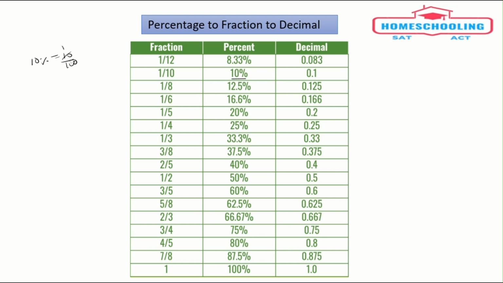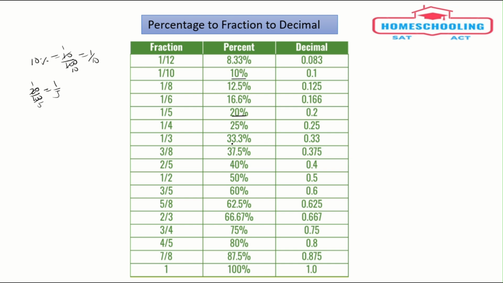So 1 time 10, 10 times. So this is 1 by 10. Now the next simple percentage, simple fraction is 20. So 20 by 100 is 1 times 20, 5 times 20. So that would be 1 by 5.